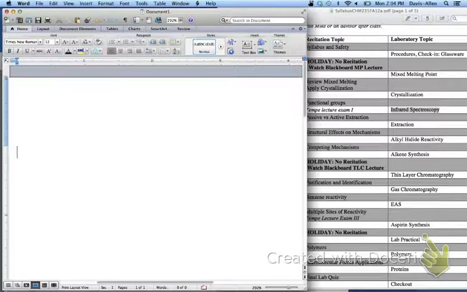Other big lesson from your alkyl halide reactivity from the SN1, SN2 was the stability of your leaving group. If we were going to look at these, which mechanism do you think these would react by first off?